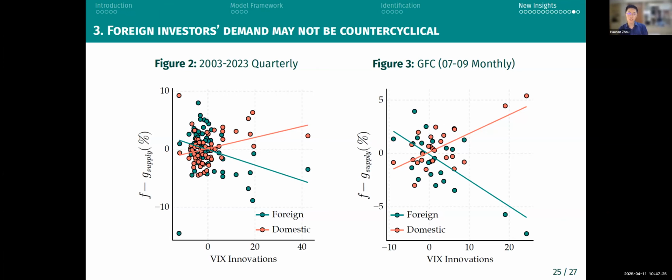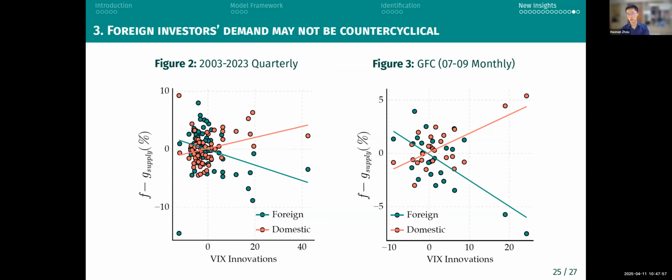For instance, the point here is that when you think about relating investors' demand to, let's say, cyclical factors, such as the VIX, it's not necessarily sufficient to just regress changes in quantities on changes in VIX. You need to take into account the fact that the quantities that you observe are equilibrium objects. You need to take care of the so-called missing intercept problem by adjusting for other investors' potential responses to the same risk factors as well.